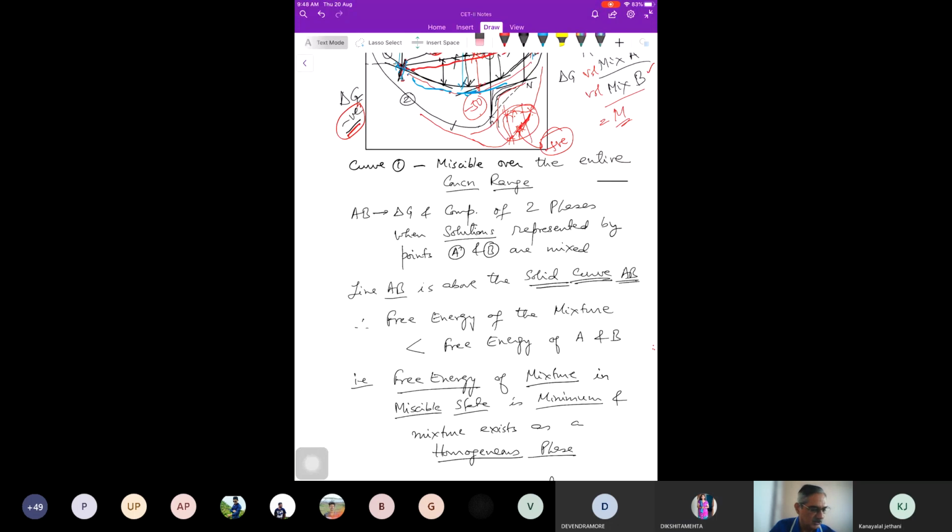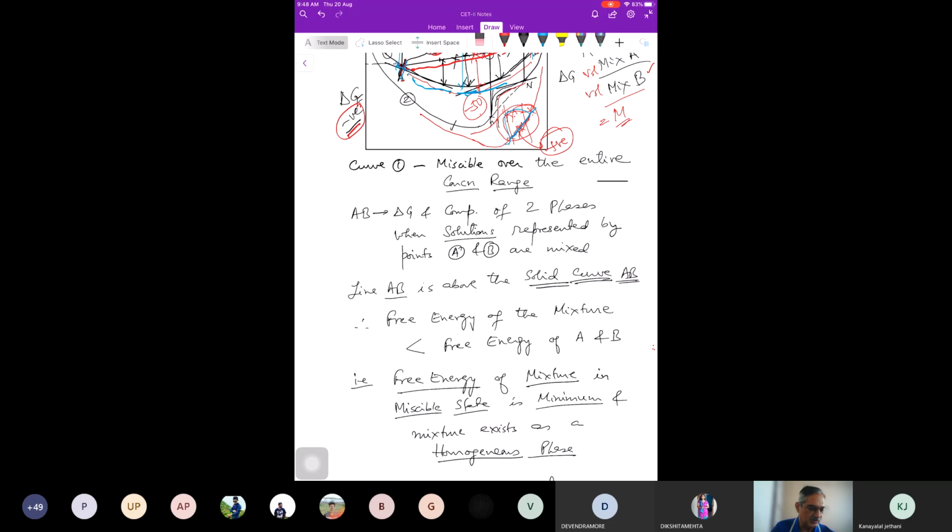So you just have to understand that if it is a smooth curve and we take any 2 points, the line joining those 2 points is above the curve, which indicates that this is going to be a miscible system. And if there is a discontinuity or some kind of change in shape of the system like this, then the line joining these 2 points is going to be below the curve and that's going to lead to positive delta G, which is an indication of instability.